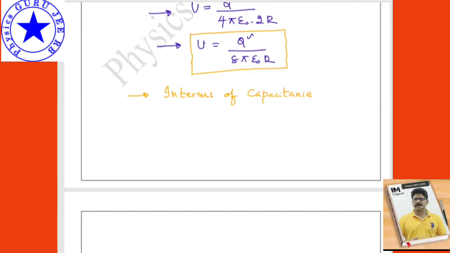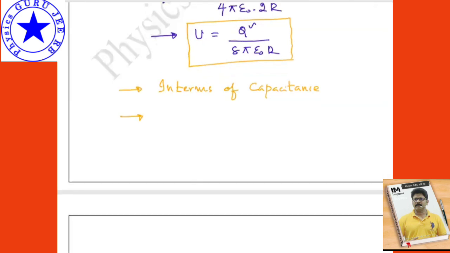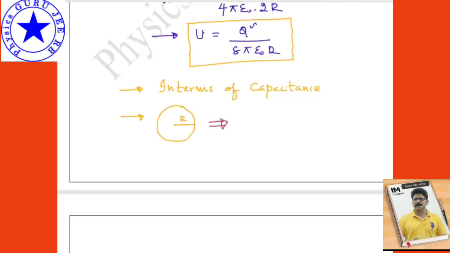See, if I take a spherical capacitor, this is nothing but a spherical capacitor of radius R. Already we calculated the formula for spherical capacitance, right? So what is the spherical capacitance formula? C is equal to 4 pi epsilon naught into R. So simply take this and substitute there.